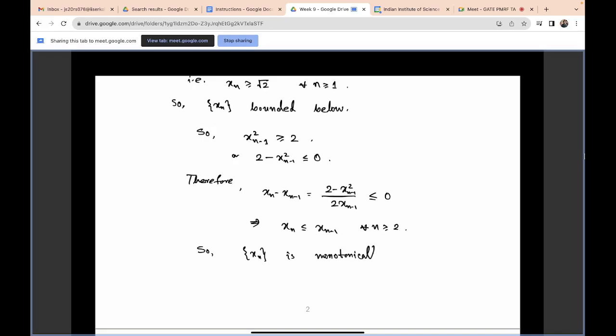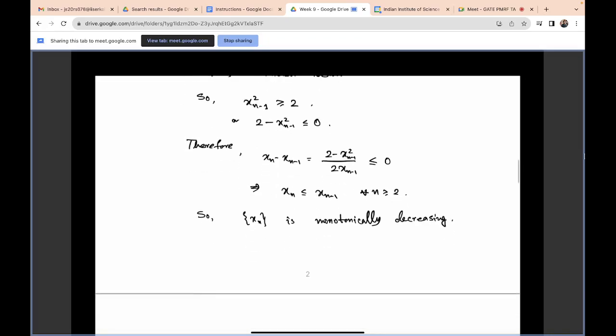So x_n is bounded below and monotonically decreasing, so it will converge. Therefore x_n will converge to some point.